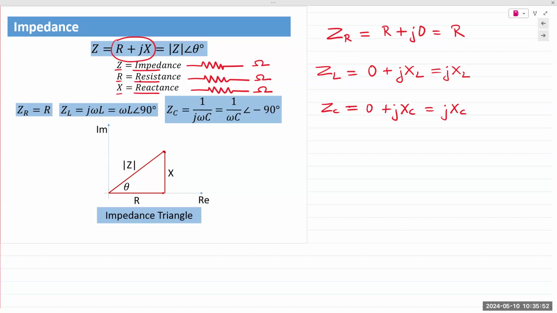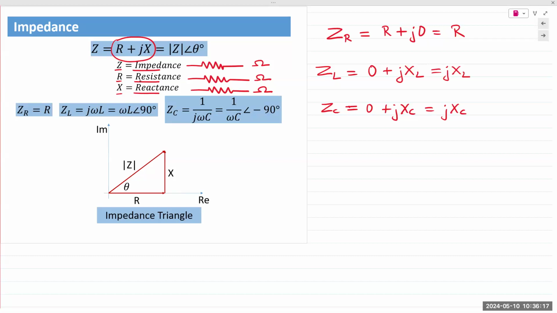What I want to point out is the polar coordinates of the impedance. You have R plus JX, right? Real portion and the imaginary portion. So those give you the rectangular coordinates. If you transform them into polar coordinates, you get a vector. This is the opposite of the phasor. For the phasor, you had a vector and you projected it on the real and imaginary axis.